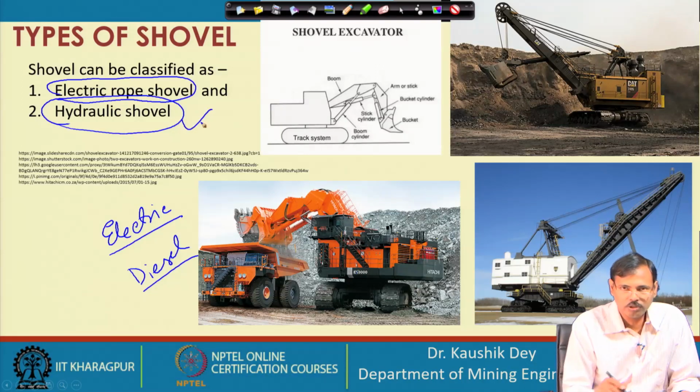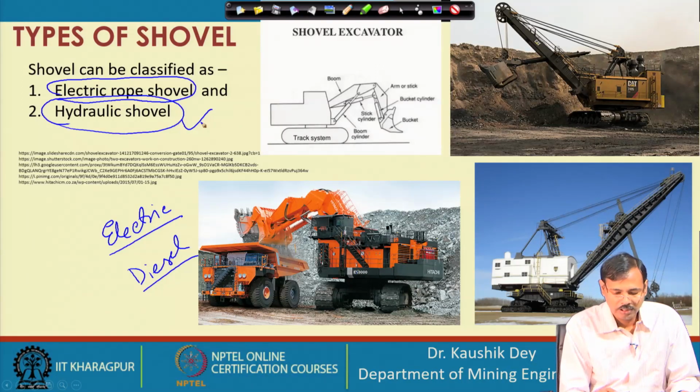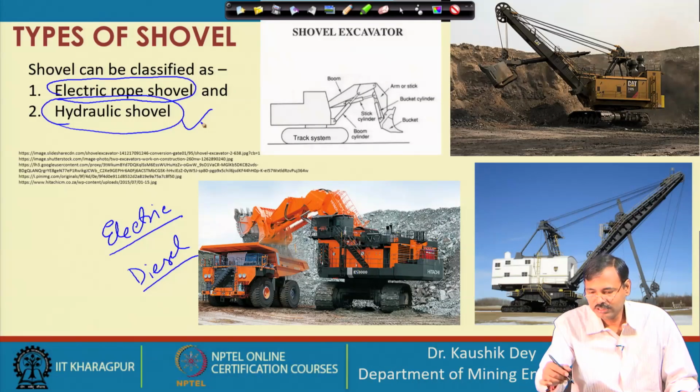A hydraulic shovel can also be an electric shovel, there is no problem in this, and similarly the rope shovel can also be a diesel operated shovel. But the difference is that in rope shovels, you can see, these operations are mechanically driven.